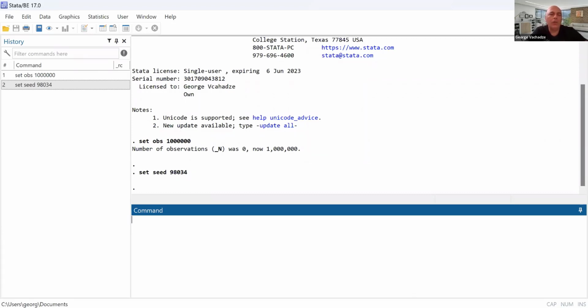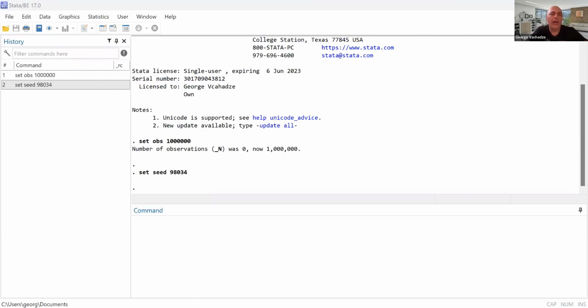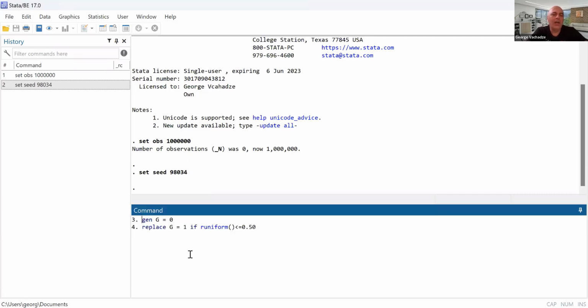Next, I want to generate a random variable g. I generate g equal 0, which indicates that the student does not take the math class, and we replace it by 1 with probability 50%.